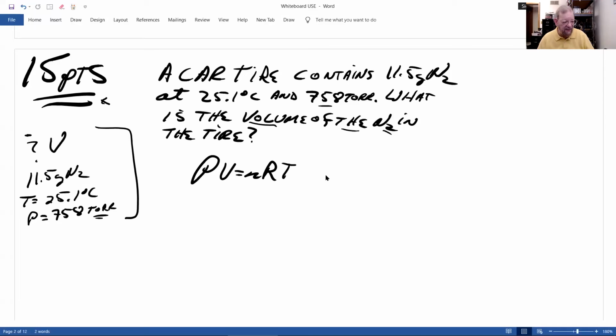And importantly, R is given to you, plus the units, which are important because they remind you what units the different values of P, V, n, and T should be.